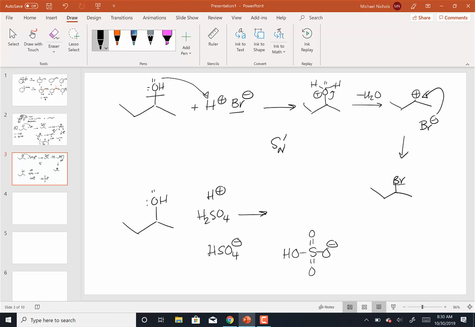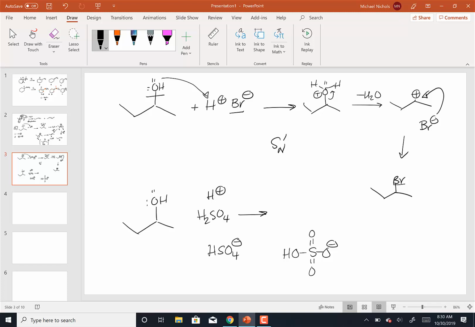So why is HSO4 minus stable? Because it can form multiple resonance structures. I think we talked about this because the book had introduced the idea of using this as a leaving group. And it was a great leaving group because it was a terrible base.